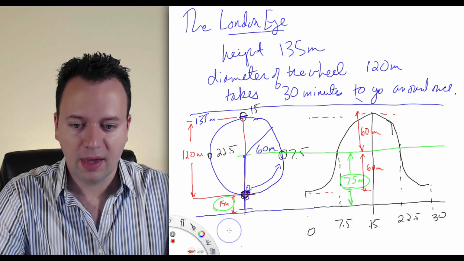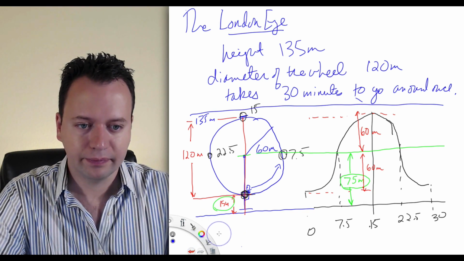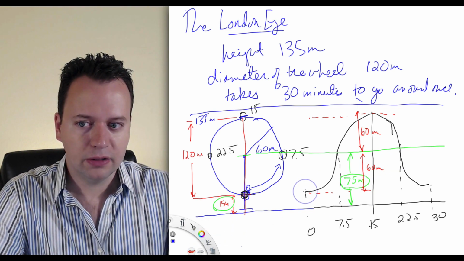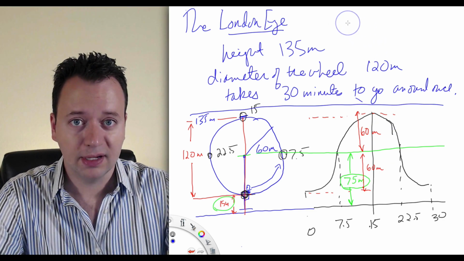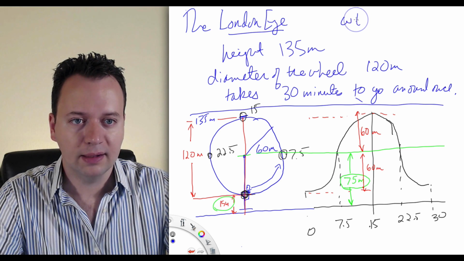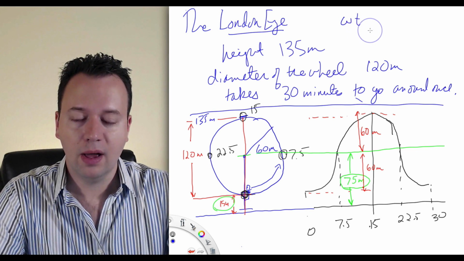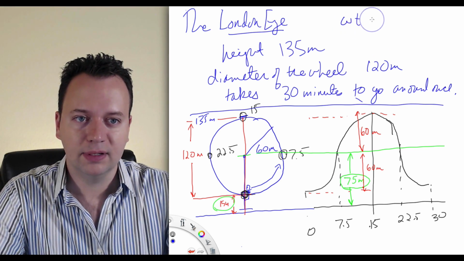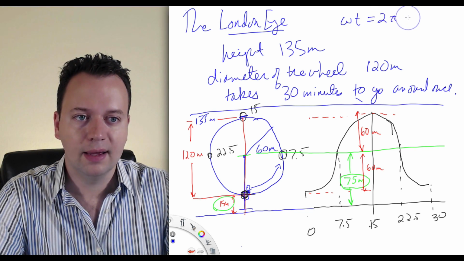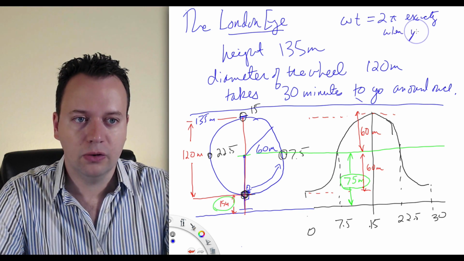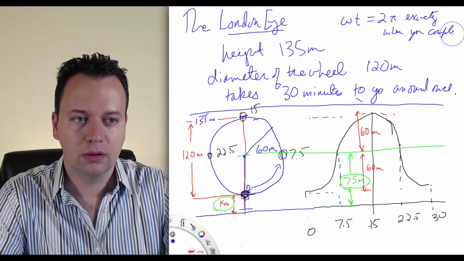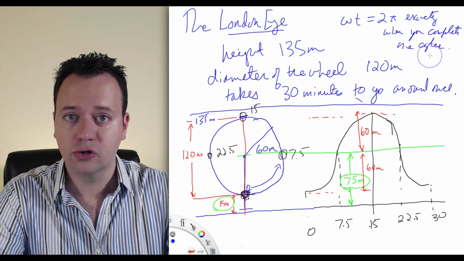And then to come up with the angular frequency, we need to know the period. So recall that there's this relationship, so we have a sine or a cosine of omega times t. And we want omega times t to equal 2 pi exactly when you complete one cycle or make one revolution along the wheel.